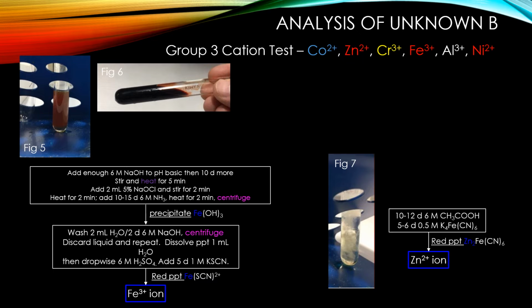The test for iron yielded results. As shown, there was a precipitate of this water-iron complex that formed a solid, shown in figure 5. This was after adding the sodium hypochlorite.